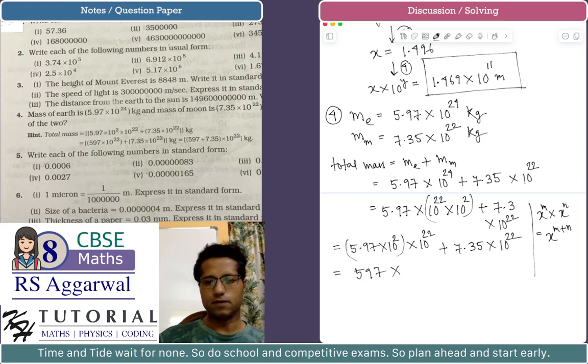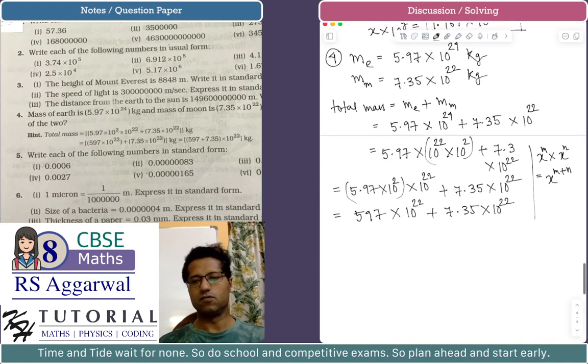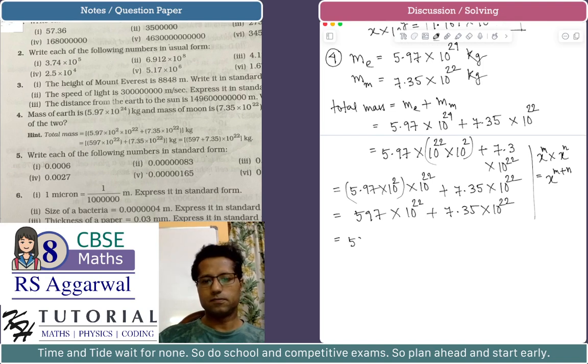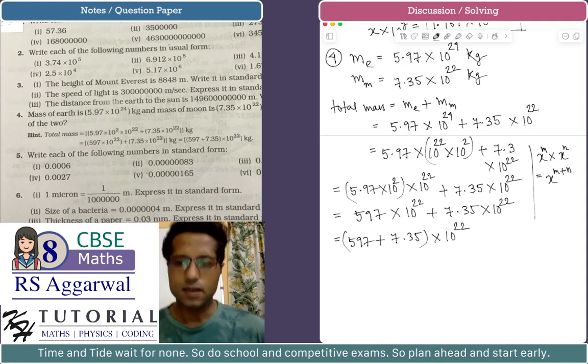I have 597 into 10 to the power 22 plus 7.35 multiplied by 10 to the power 22. Now, using the distributive law of multiplication over addition, this is equal to 597 plus 7.35, this addition, multiplied by 10 to the power 22.